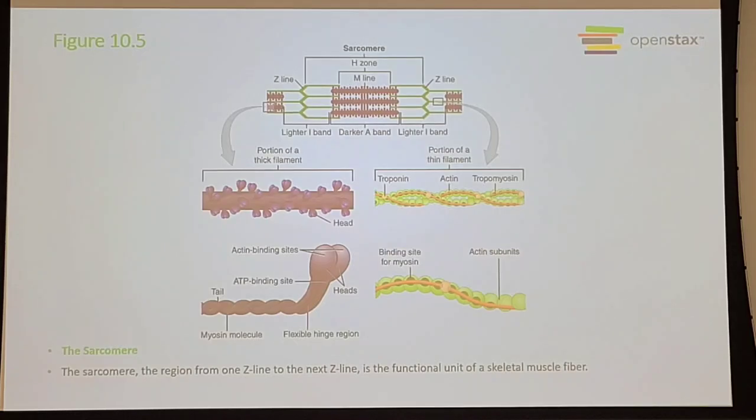The axon end, or axon bulb, carries vesicles that have neurotransmitters in them. And the one that goes to your skeletal muscle is a special neurotransmitter.